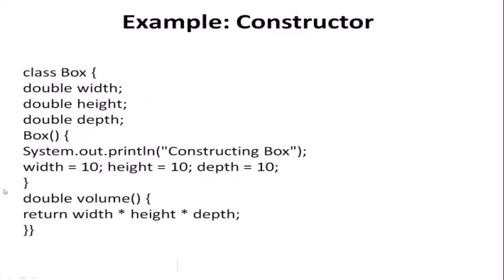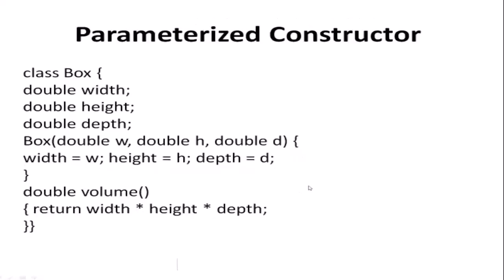Next, here we are going to write the double value. Finally it is going to return width into height into depth, 10 into 10 into 10. So 10 into 10 is 100, 100 into 10 is 1,000. That will be printed. Next, the parameterized constructor. A constructor having two or more arguments is said to be a parameterized constructor.